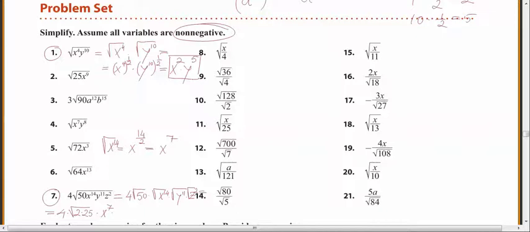If I have y to the power of 11, the square root of that would basically be y to the power of what, 11 over 2, which equals y to the power of what, 2 goes into 11, change that power into a mixed number, it will be 5 and 1/2, which I can write as y to the 5th times y to the 1/2.